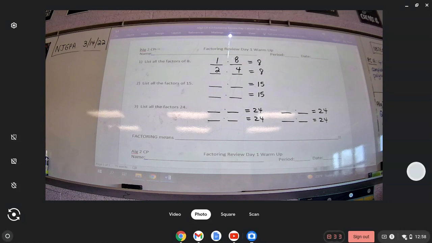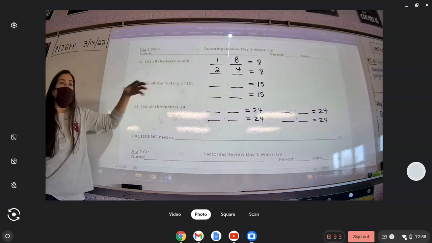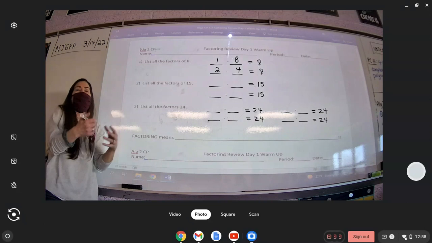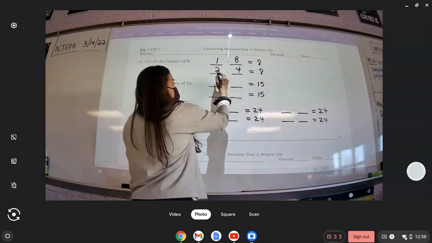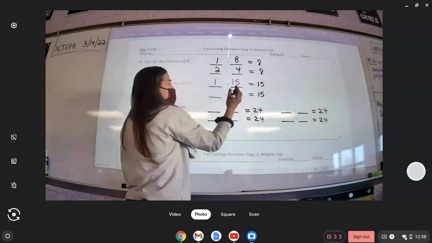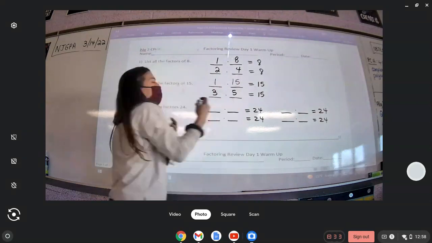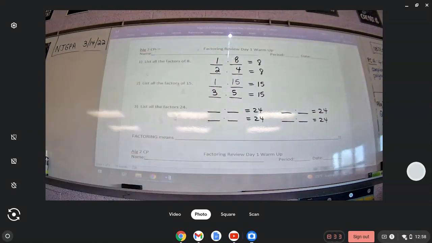All right. So if I ask you, what are factors of 15? What numbers multiply to make 15? 1 and 15. And then what else? 3 and 5. Beautiful. Those are factors of 15. We have broken 15 up into pieces that multiply to equal it. That's what factoring means.